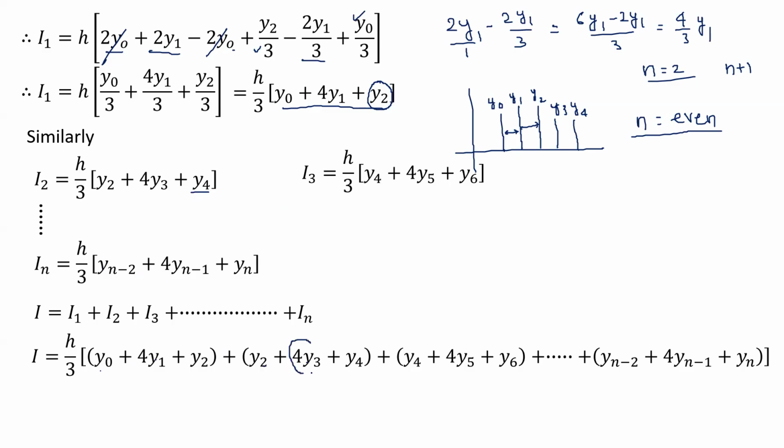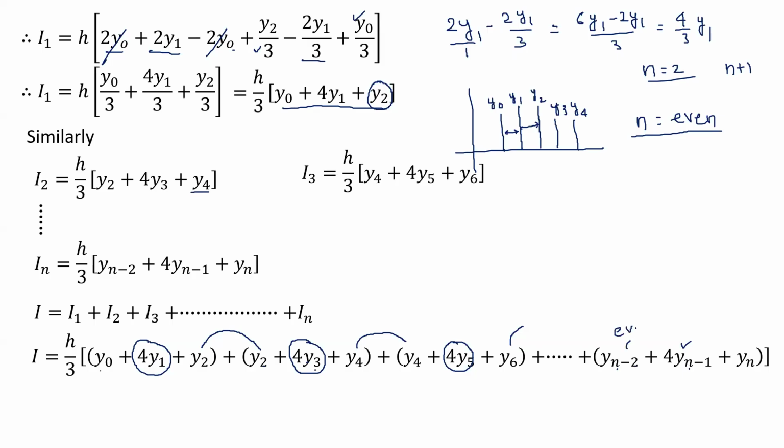You can see 4 is always multiplied to the odd values, and the even values appear twice: y2, y2, then y4, y4, then y6, y6. So the even values come twice and the odd values with 4. If n is even, say 4, then n minus 1 is 3, which is odd, and n minus 2 is 4 minus 2, which is even.